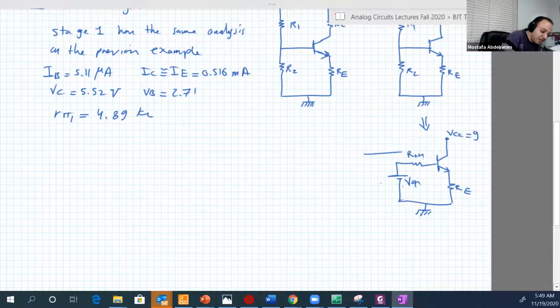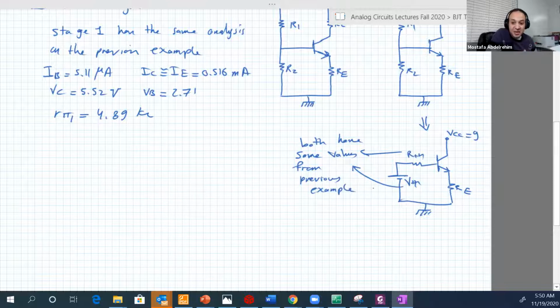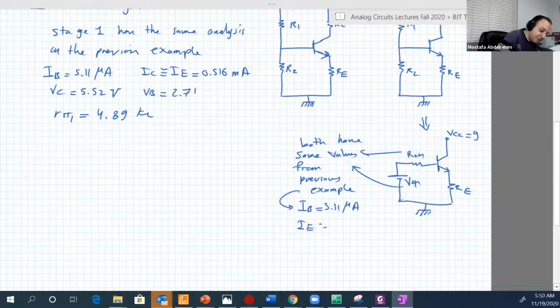R7 and V7 both have the same values from the previous example. That's why IB and IE will be the same and IC also will be the same. So that will lead to IB again equal to 5.11 microamperes and IE equal to IC equal to 0.516 milliamperes.